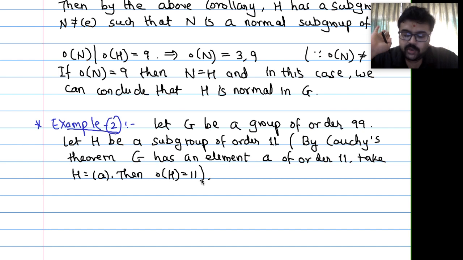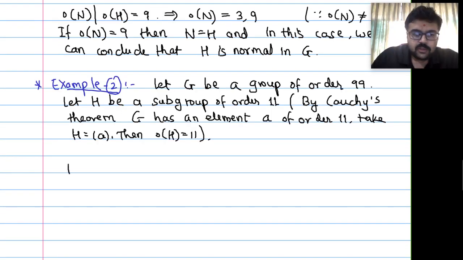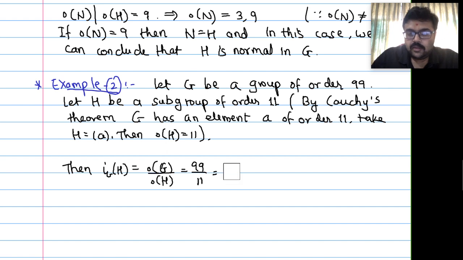So what two things do we have? G is a group of order 99 and H is a subgroup of order 9. Then what is the index of H? The index of H in G is finite, so we can write 99 over 9, which is 11. And 99 does not divide 9 factorial.